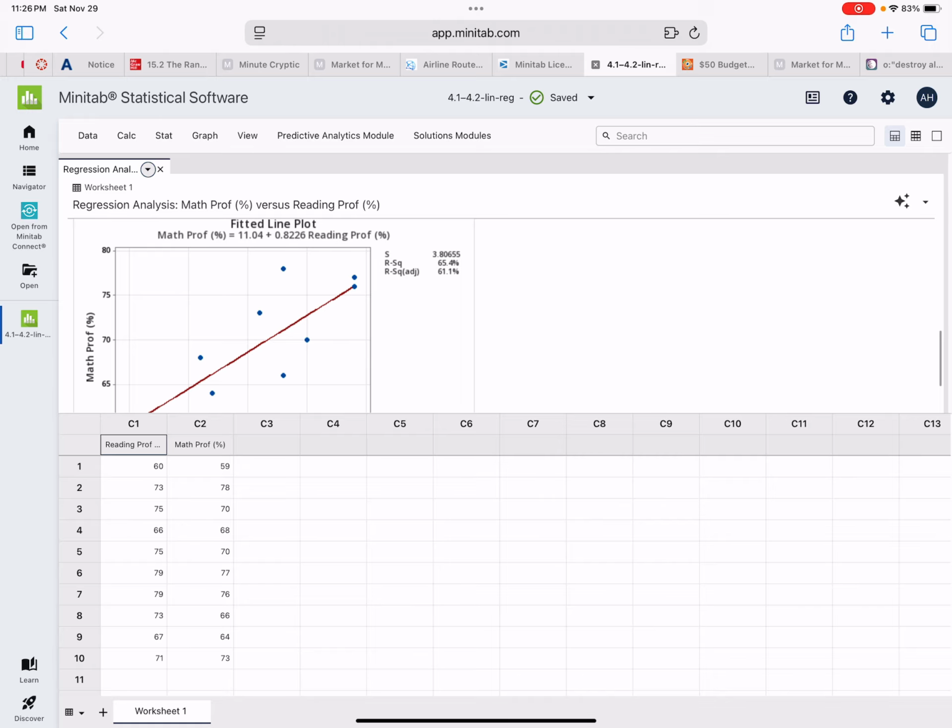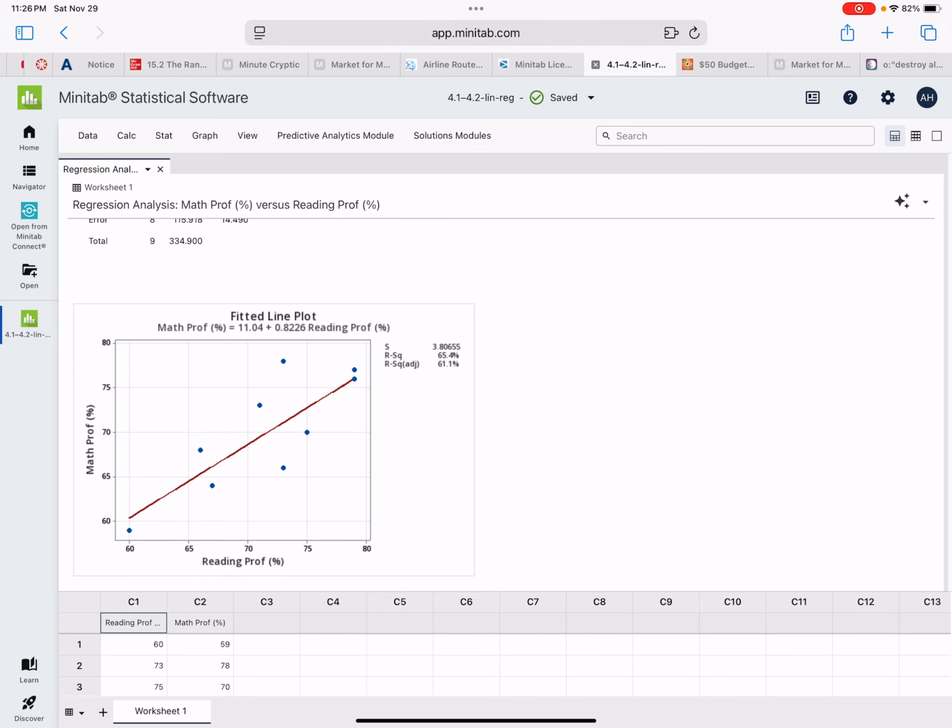But if we just take a look at this graph, you can see that there does seem to be a relationship between reading and math proficiency. As reading proficiency is low, math proficiency tends to be low, and when reading proficiency is middle, math proficiency tends to be middle on average, of course.